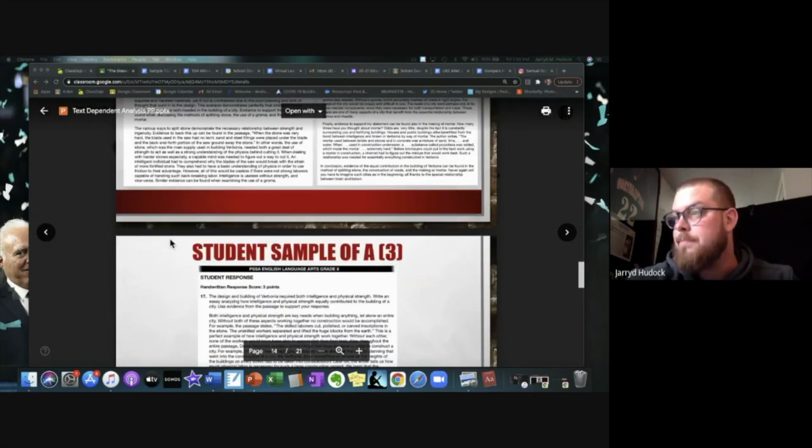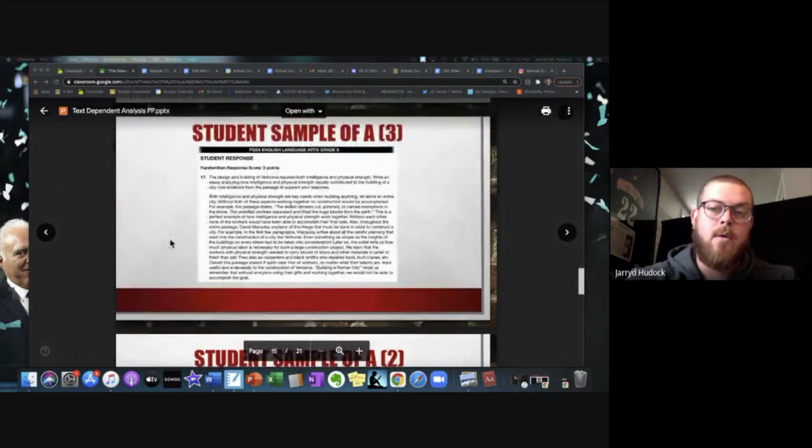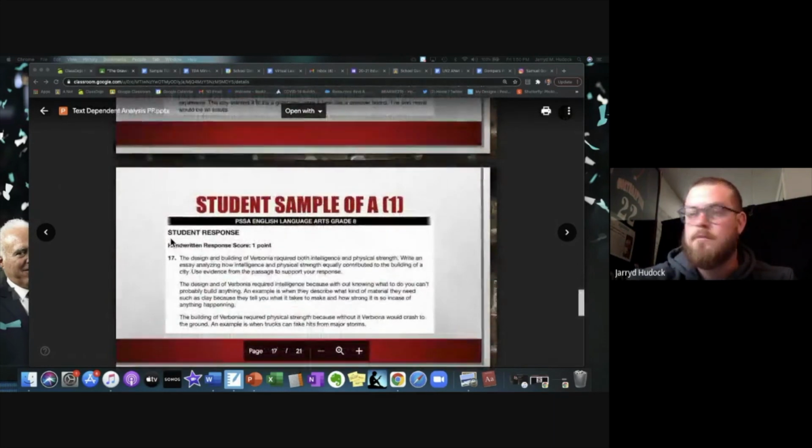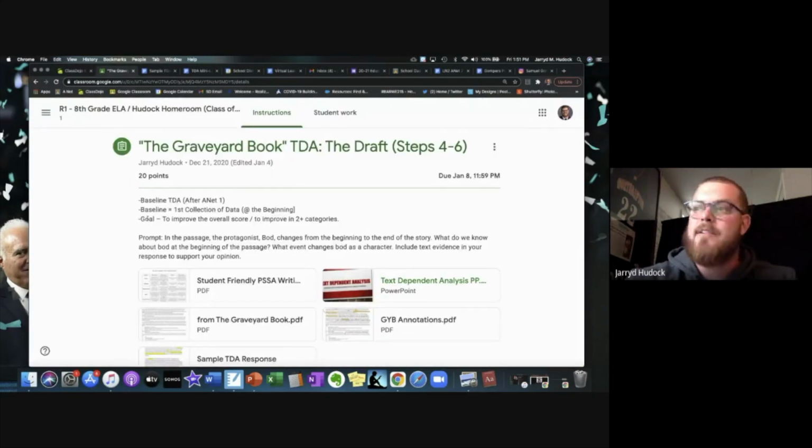Then we'll go to a 3 response. Why is this a 3? Why is this a 2? Why is this a 1? So we'll actually look at student responses. The person who got the 4 always says, oh, I got the 4. So kids know that we're looking at actual responses, but I take the names out so kids don't know who wrote what unless they say something about it.